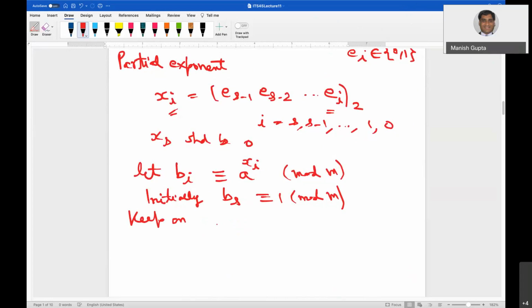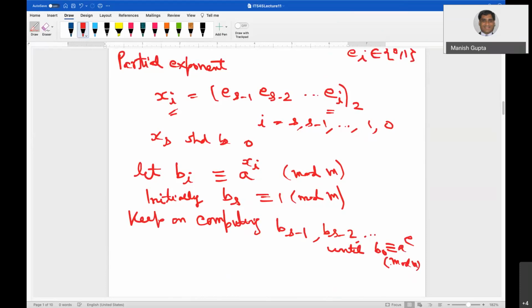What we do now, keep on computing bs minus 1, bs is the starting point, initialization. Bs minus 1, then bs minus 2, until we get b0, the last one, which gives us the actual value.